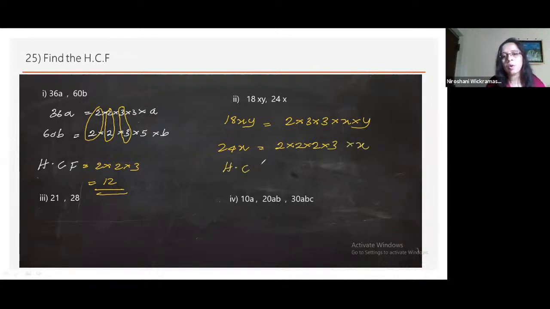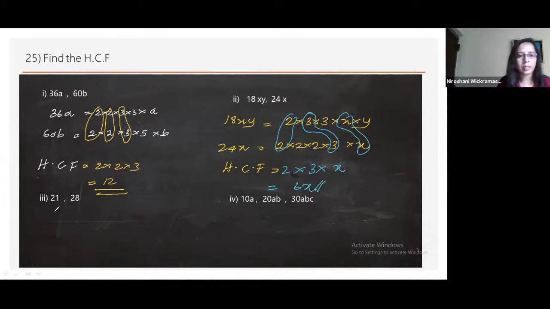So the highest common factor is 2 into 3 into x, 6x.